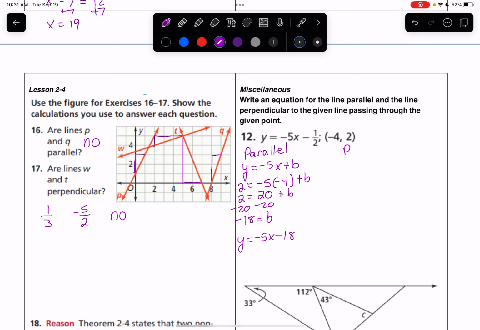And then for perpendicular, we will use the opposite reciprocal slope. That would be 1/5. And the same point.